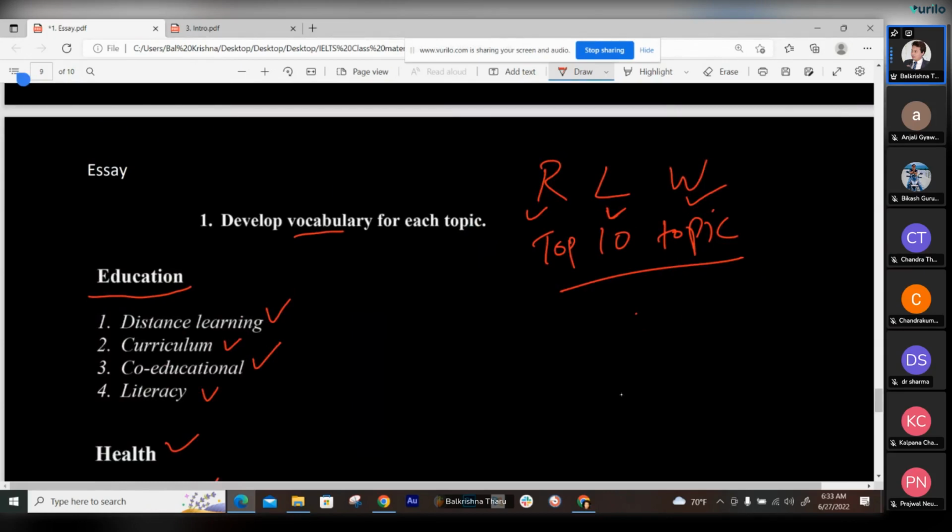As you're reading, listening to, or watching information on the top 10 topics, when you come across interesting or new words related to the topic, write them down topic wise.